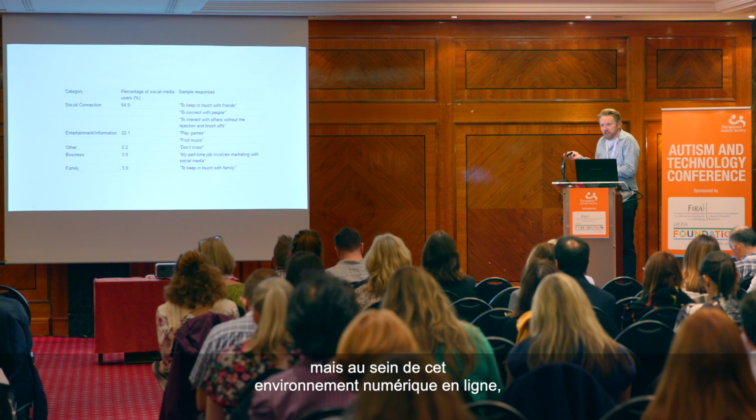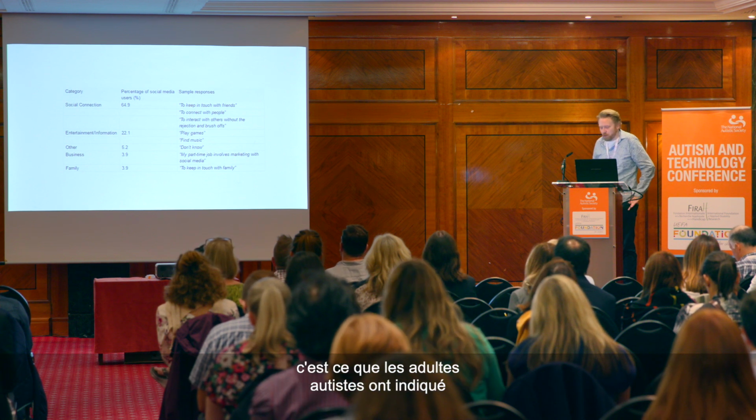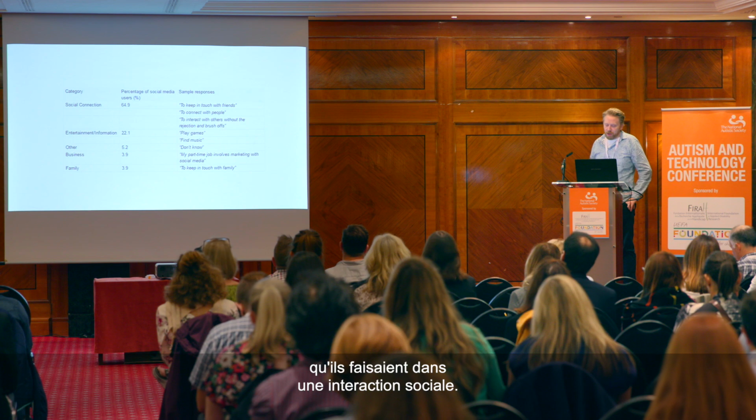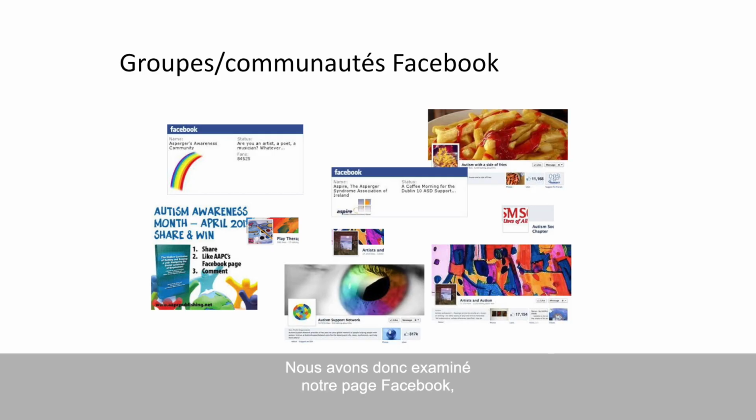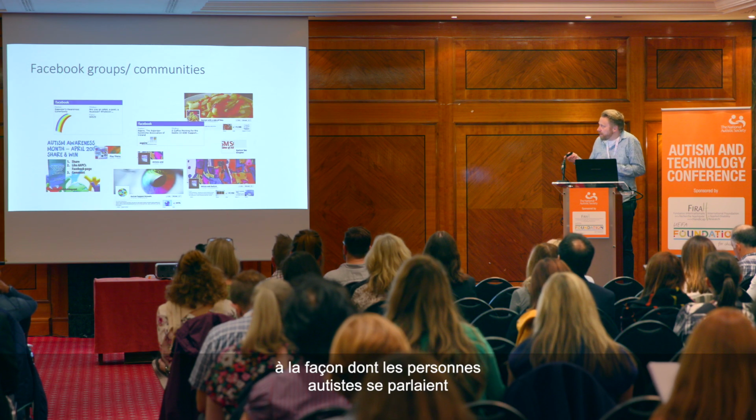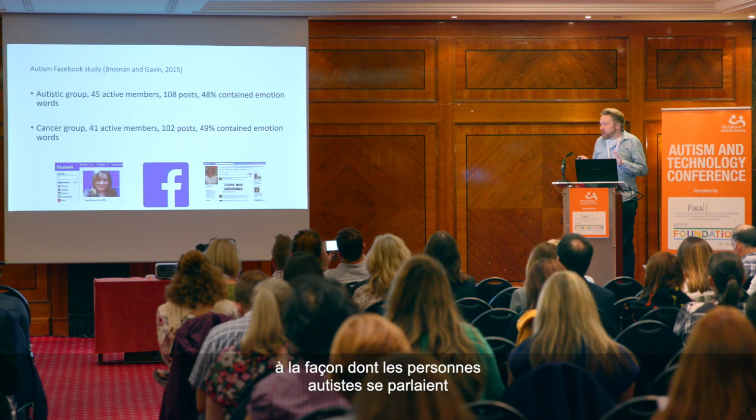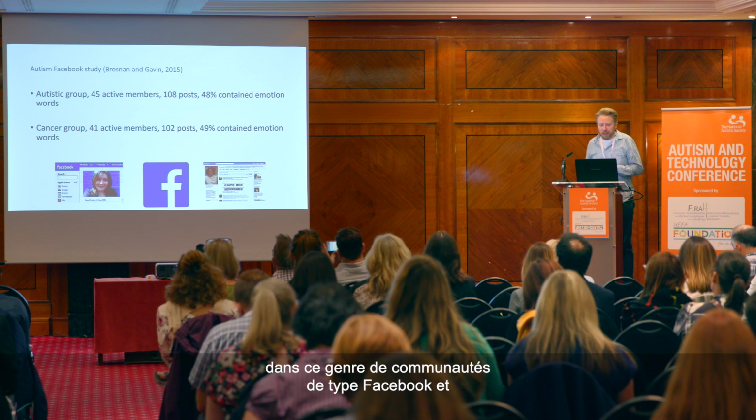But within this online digital environment, this is what autistic adults are reporting they were doing. They're engaging in social interaction. So we looked at Facebook groups and communities to see what was going on, and clearly had appropriate ethical considerations to look at how autistic people were talking to each other in these Facebook-type communities.